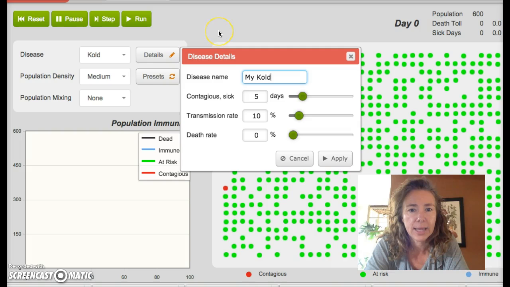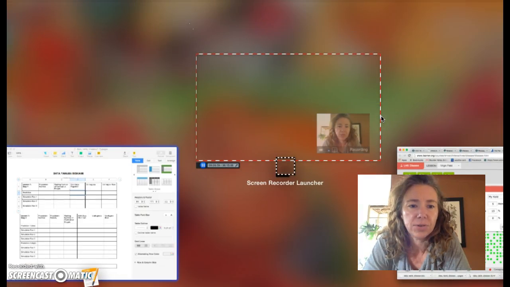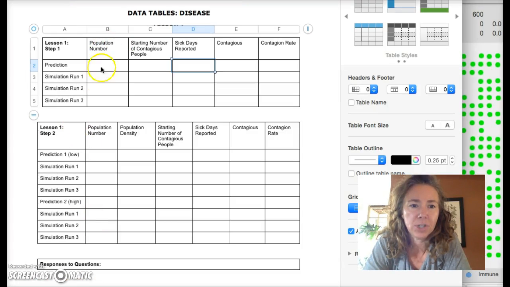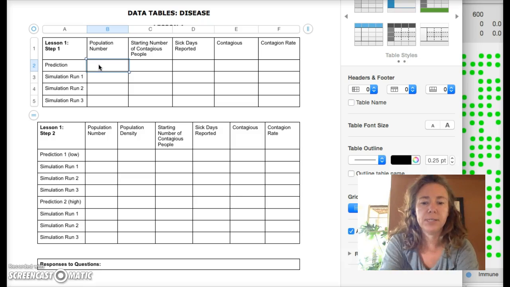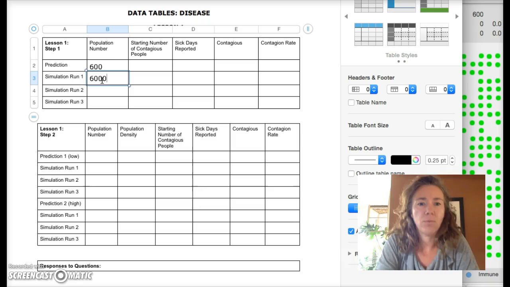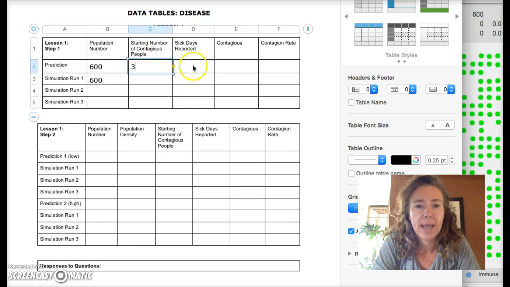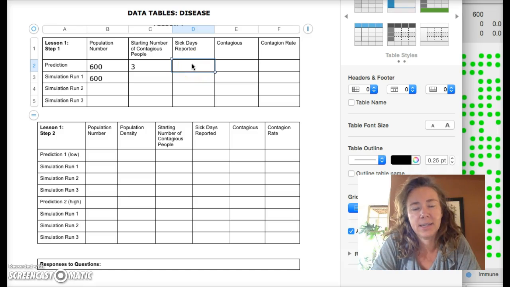So let's see on our data table what we can fill in. The first thing it's going to have us do is fill in our population size, and in this case just use the same population for all 3. So I would just put 600 for all 3 of these, right? And then I'm going to make predictions. Right now, I can see that I've got 3 people who are contagious, but I'm going to predict sick days.